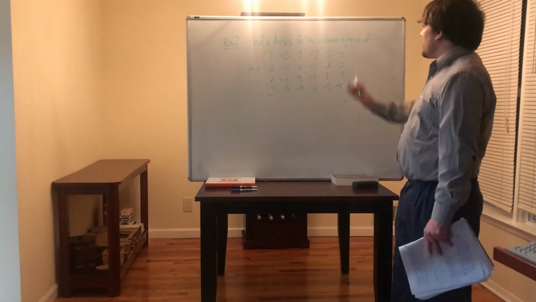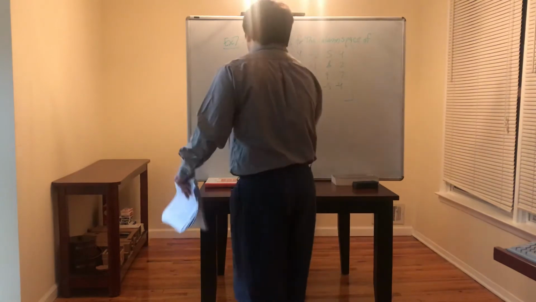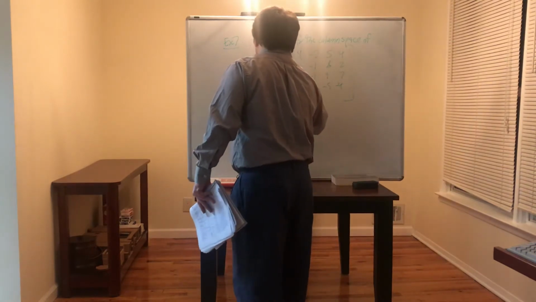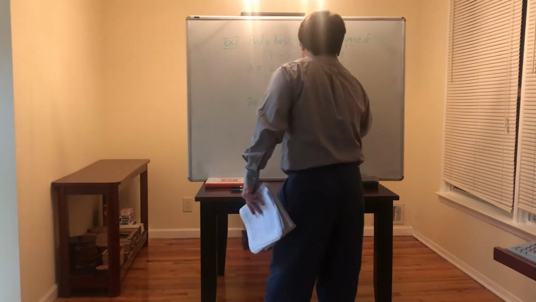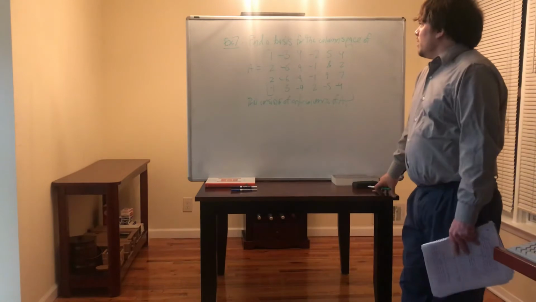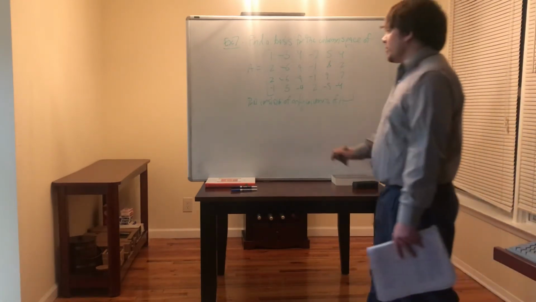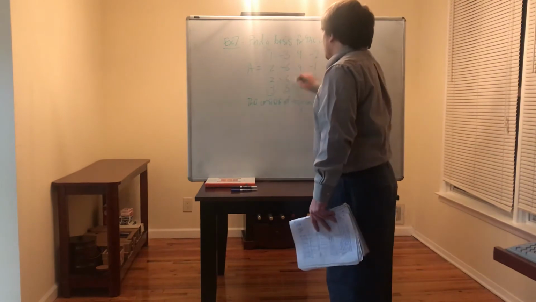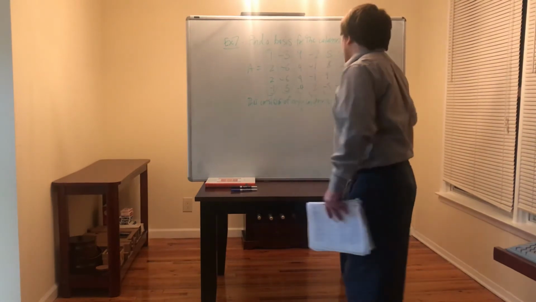Find a basis for the column space of that matrix A that consists of only columns of A. Okay, so this is the first column, that's the second column, that's the third column, that's the fourth column, that's the fifth column, and that's the sixth column, right?